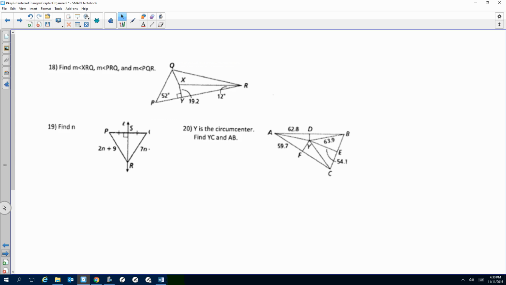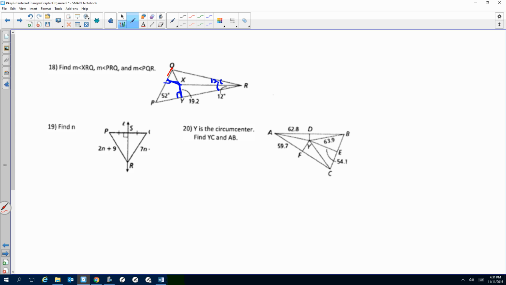Okay. Now on the last set of questions, there's a couple things that are missing. On 18, they forget to tell us that x is an incenter. But because I see this segment right here in that box, that's distance. And the distance from the center, the intersection, to the side is congruent. If I was to draw another one, like if I drew one like that, that's not exactly perpendicular, but it would also be 19.2. These are angle bisectors, so if that's 12, that is 12 as well.